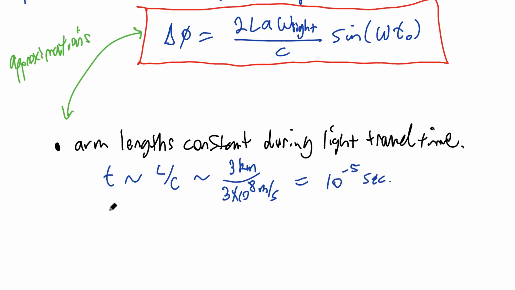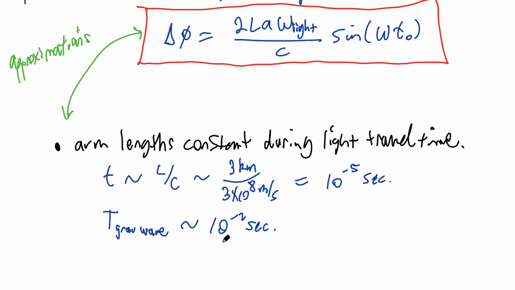On the other hand, the period of the gravitational wave is on the order of 10 to the minus 2 seconds. So the test masses, which move in response to the gravitational wave, won't move very much during the time it takes light to travel through the interferometer arms.